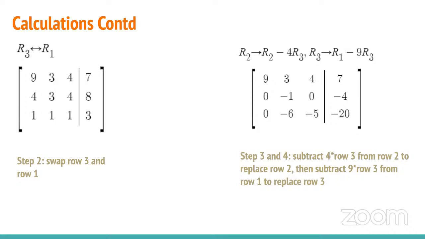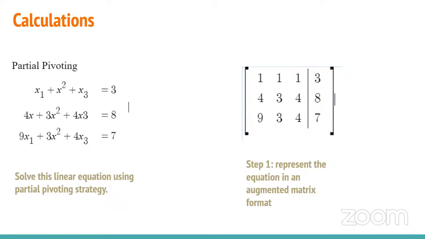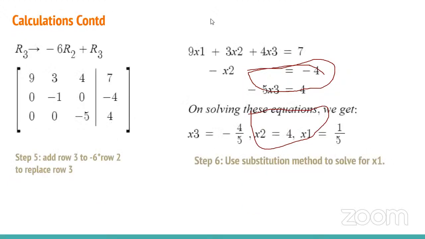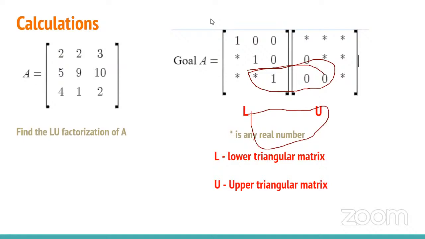This means we swap this 9, 3, 4, 7 and put it up, so the 1, 1, 1 on top comes down to replace the numbers here. This is swapping, which is one of the elementary row operations that are possible when we are solving Gaussian equations.